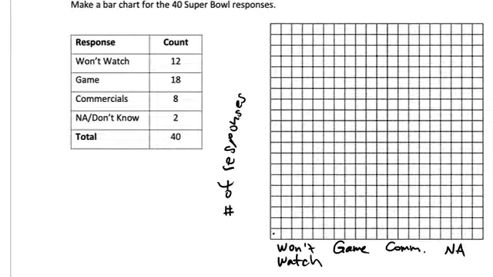So in this case, because these numbers are pretty small, I can make each box just one response. So I'll go to a different color here. Won't watch, that should be 12. And then I'll make this bar 2 boxes wide.